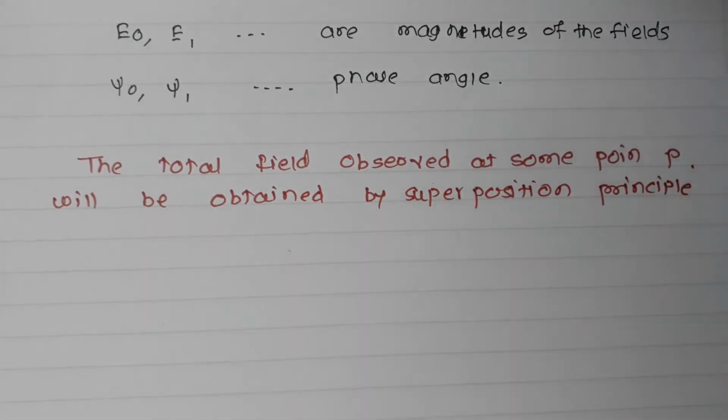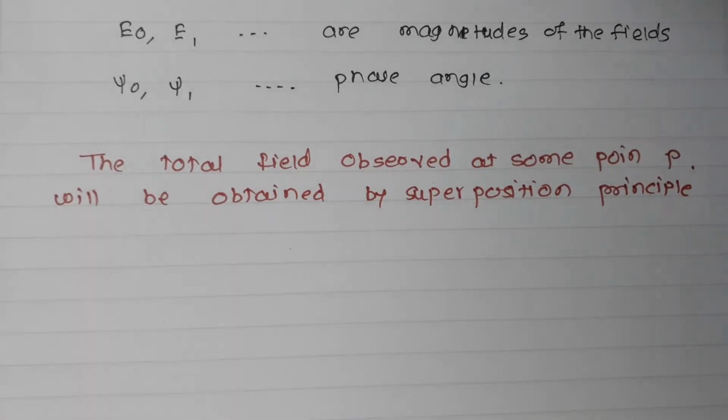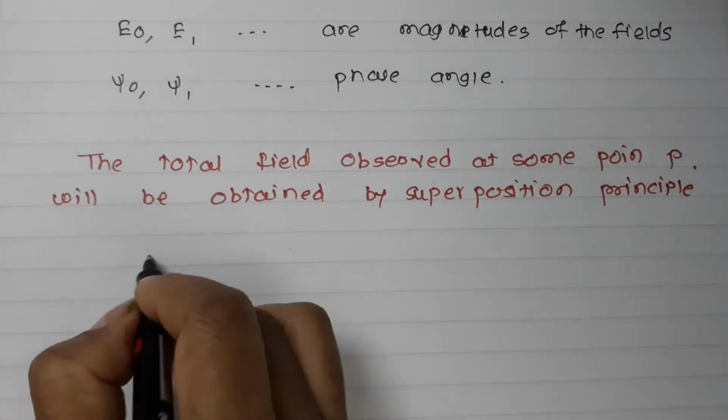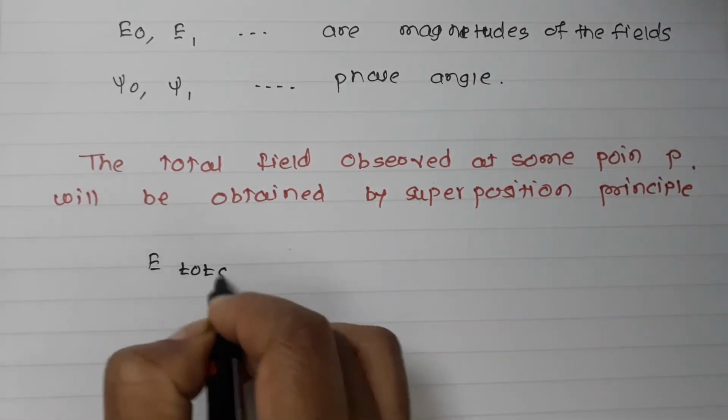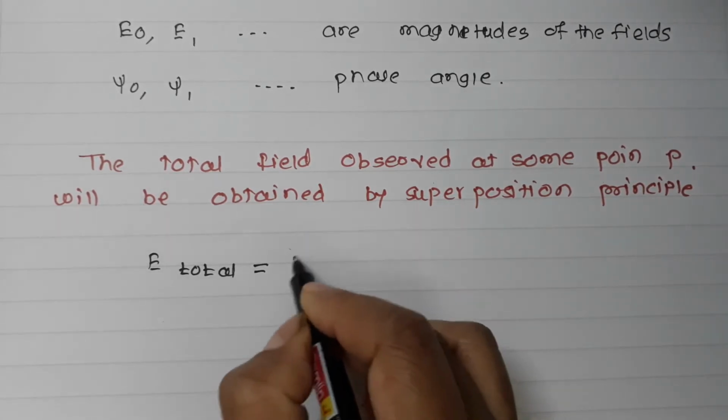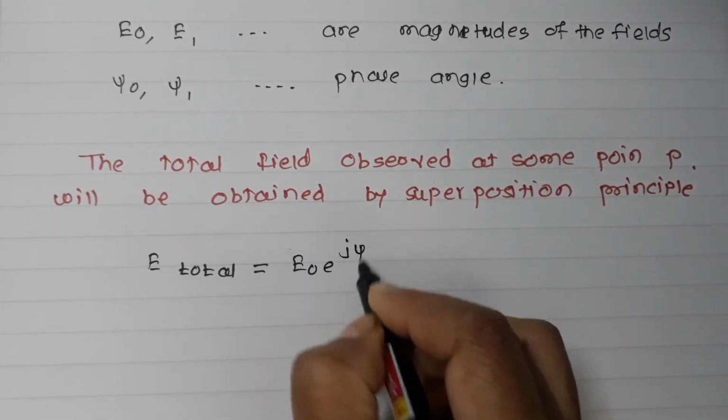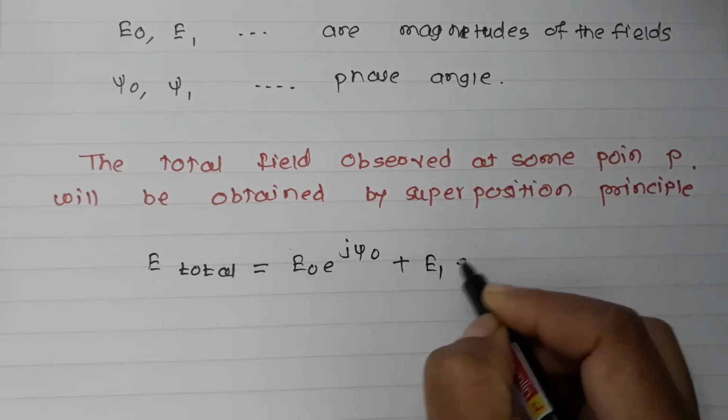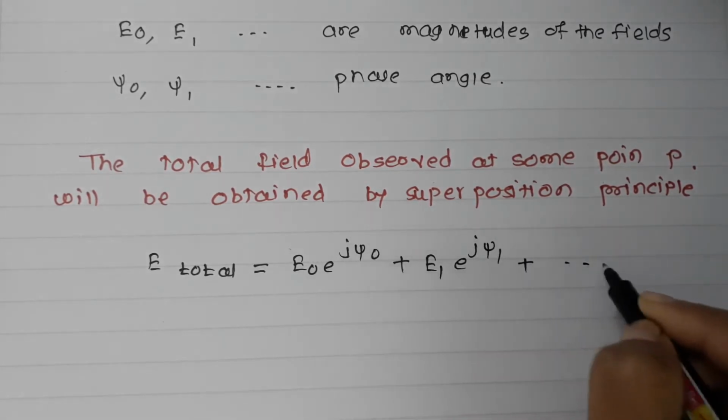So here I can obtain this field like this: E total is equal to E0 e raised to j psi 0 plus E1 e raised to j psi 1 and so on.